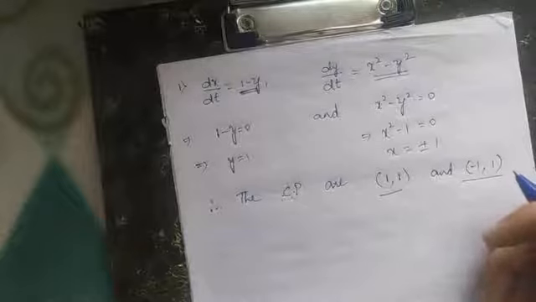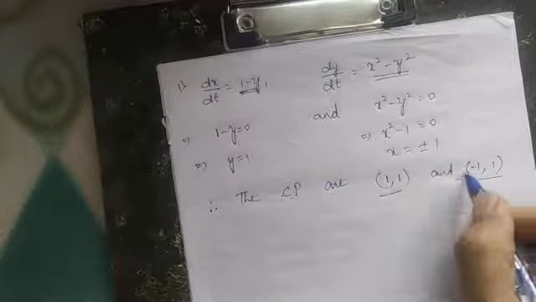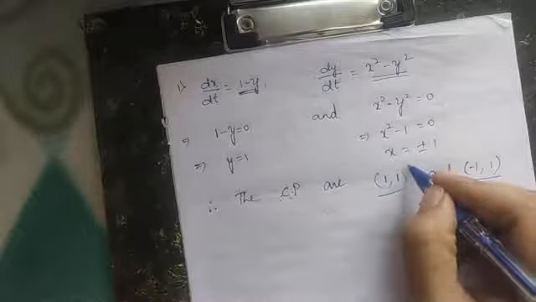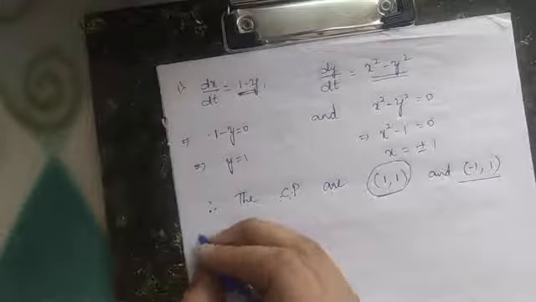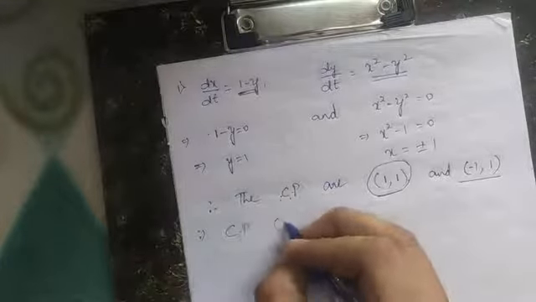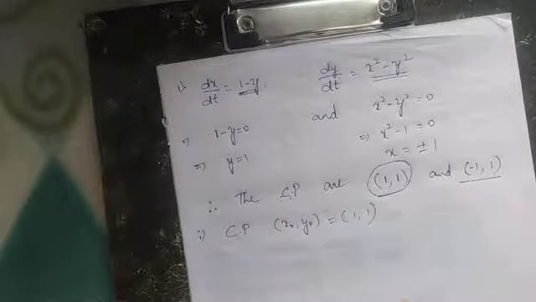So now I have to find out the nature of the critical points and nature of stability. In order to find the stability, I have to find out eigenvalues, right? So now for these critical points, I have to find the eigenvalues. So let us consider this as the first critical point. That means case 1, critical point x naught comma y naught is equal to 1 comma 1.